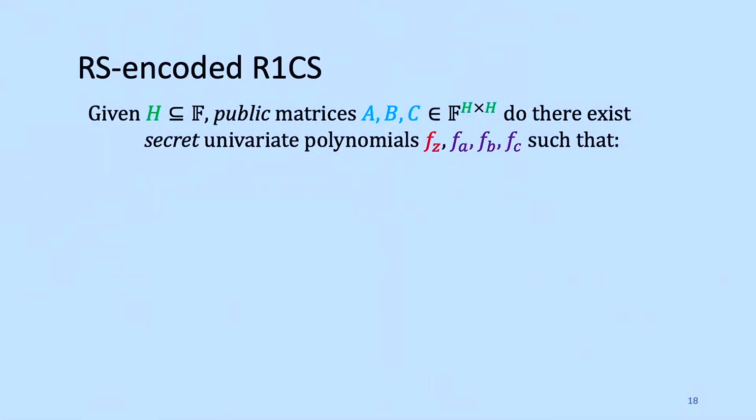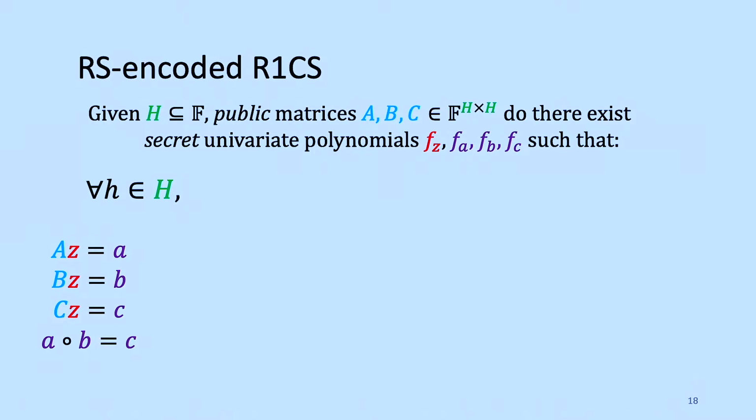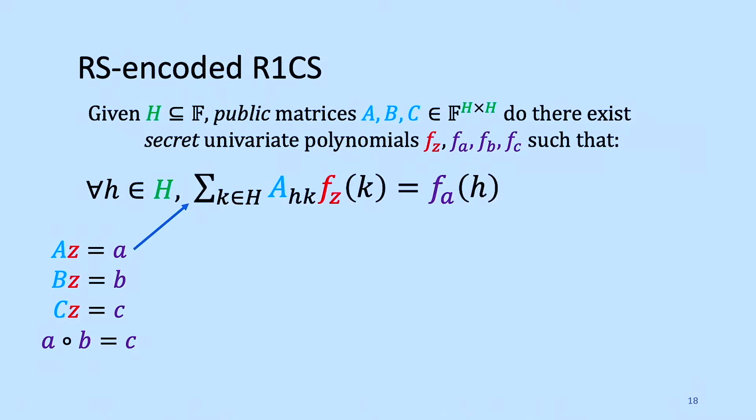OK. So this will start making sense once we look at the RS encoded version. Now I'm going to take all of these A, B, C, and Z, and I'm going to encode them as univariate polynomials, and write them down. So here's my original constraints, and what these turn into is the following things. If I interpret this as a constraint about the encoded vectors, then it looks like this.